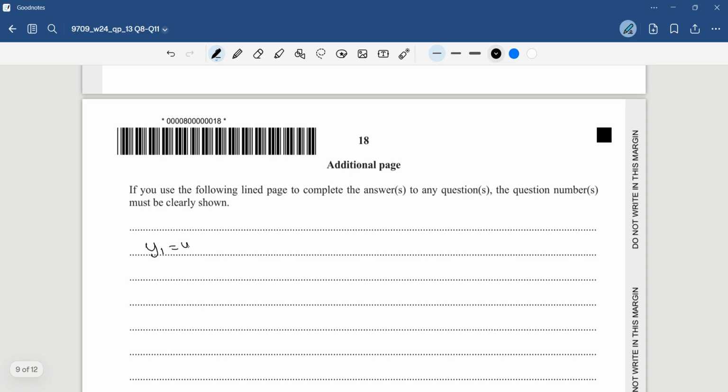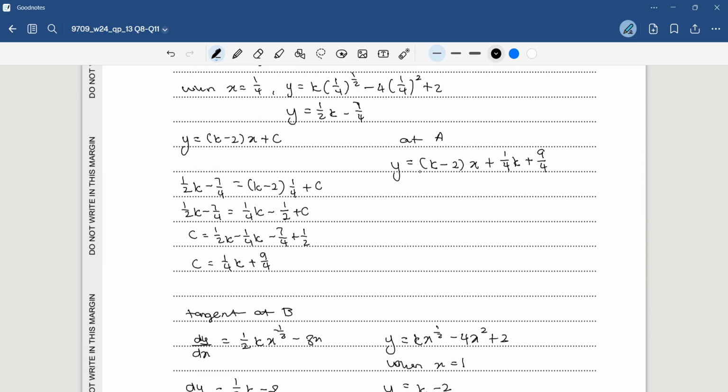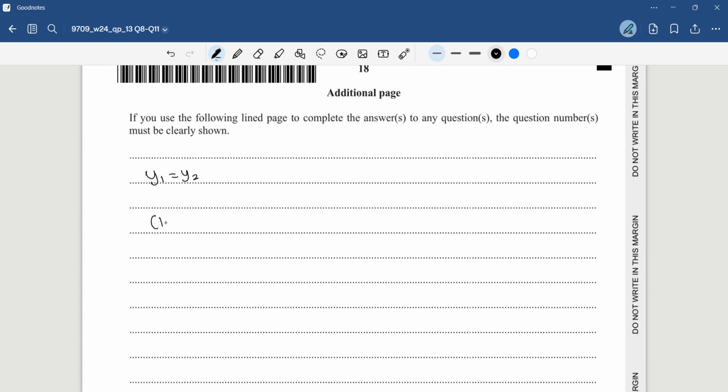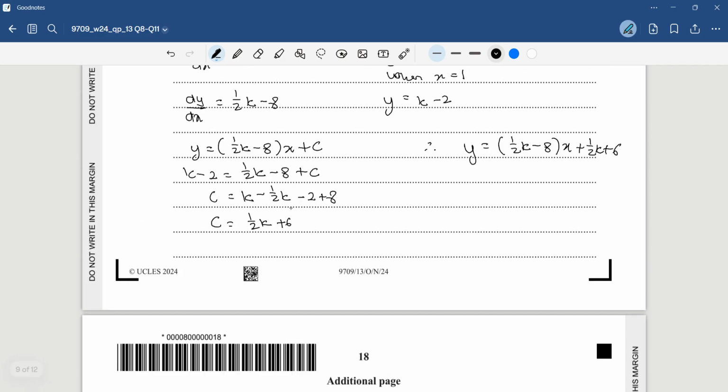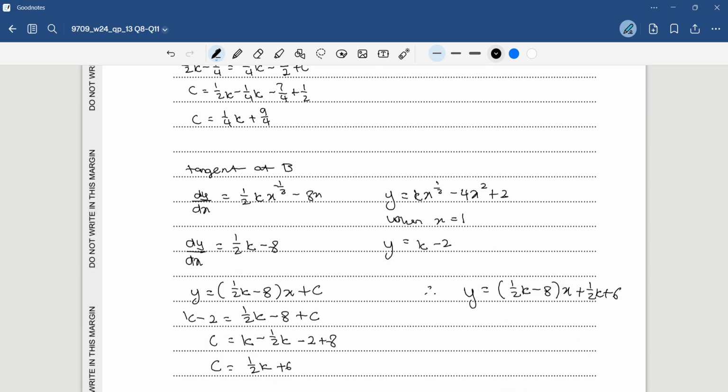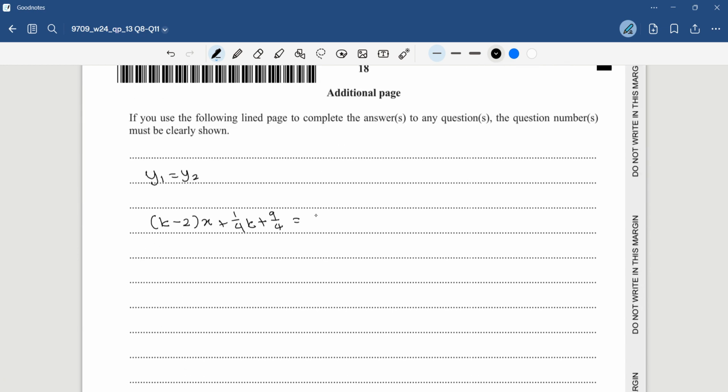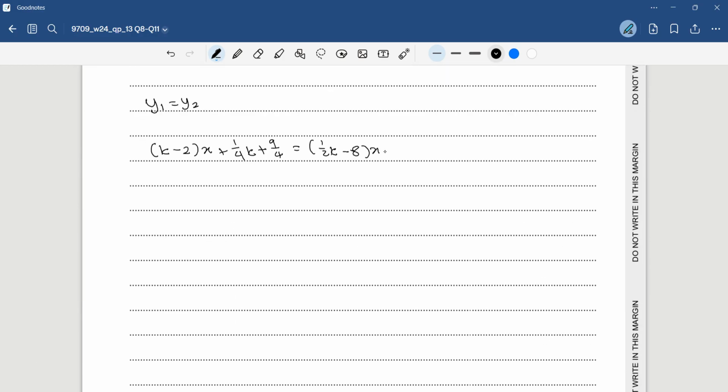So y1 equal to y2. Therefore, my first equation, y equal to k minus 2x plus 1 over 4k plus 9 over 4, is equivalent to the second equation, 1 over 2k minus 8x plus 1 over 2k plus 6.